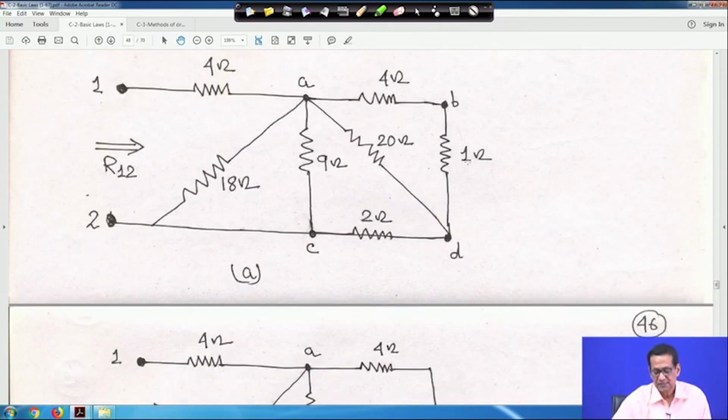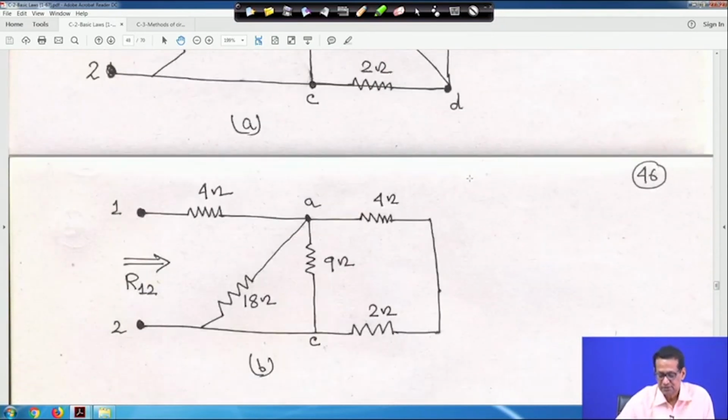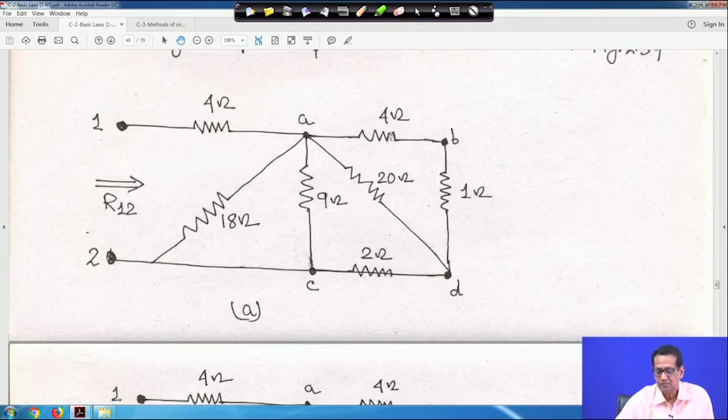So, 4 and 1 are in series, so it will be now 4 plus 1, 5 ohm, and this 5 ohm resistance and the 20 are in parallel, because they are connected across the same terminal.